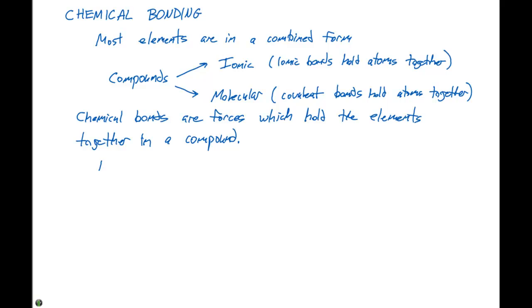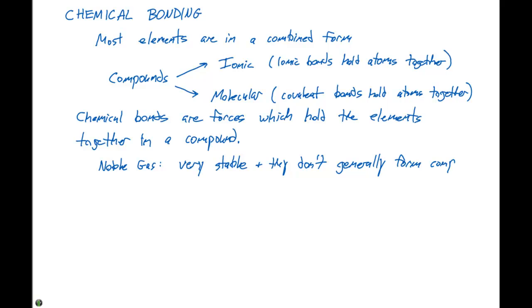One of the subset of compounds that don't react are called the noble gases. These are very stable, and they don't generally form compounds. And the reason for this is because they have a unique electron configuration.